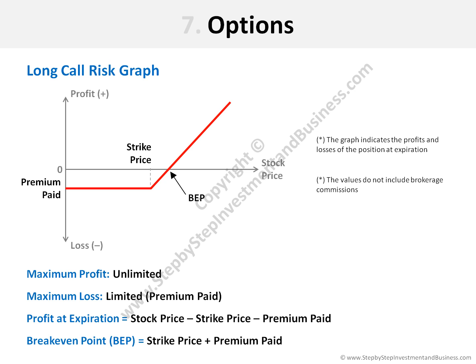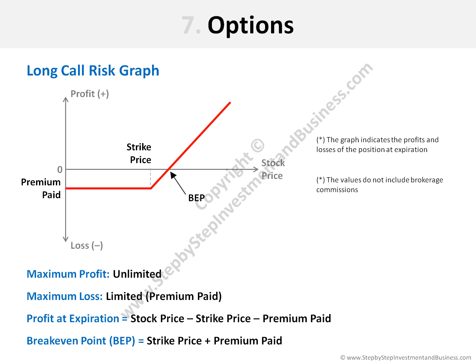It is important to mention that the graph indicates the profits and losses of the position at expiration, and besides, the values do not include brokerage commissions. So, what are plotted on the graph are the profits and losses of the position in relation to the stock price at option expiration. In this case, of course, it is a call.